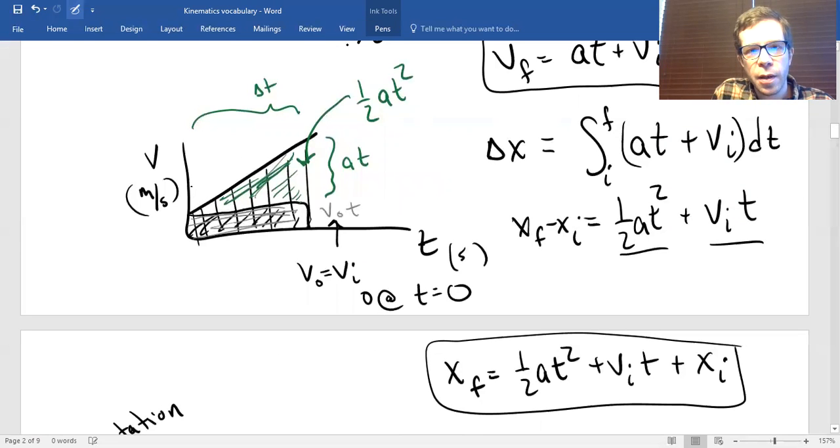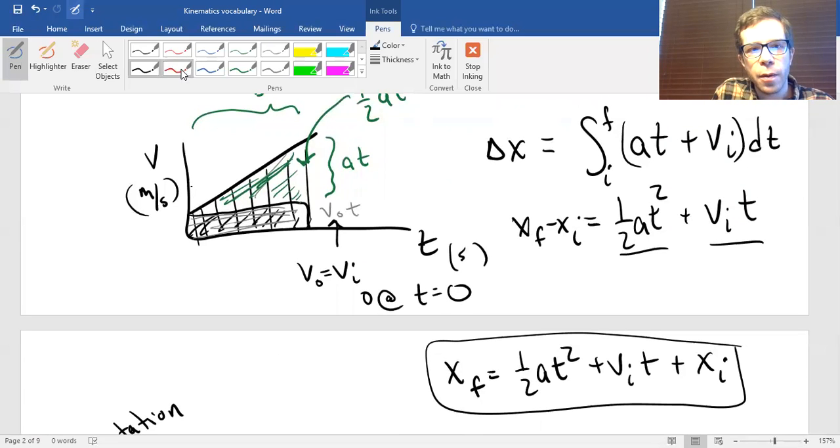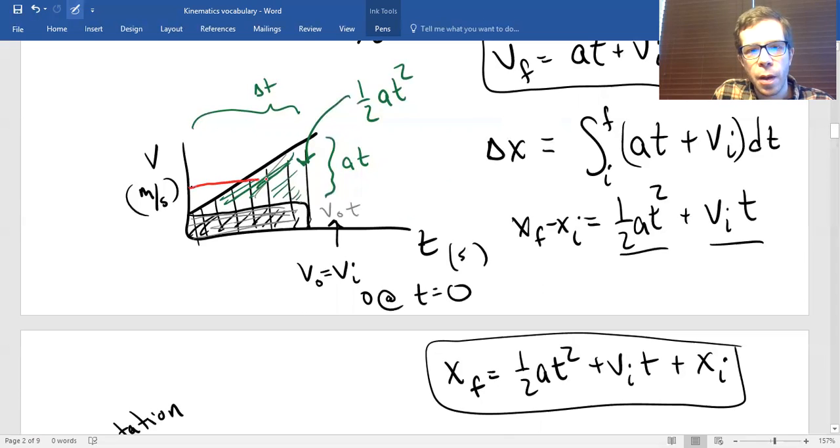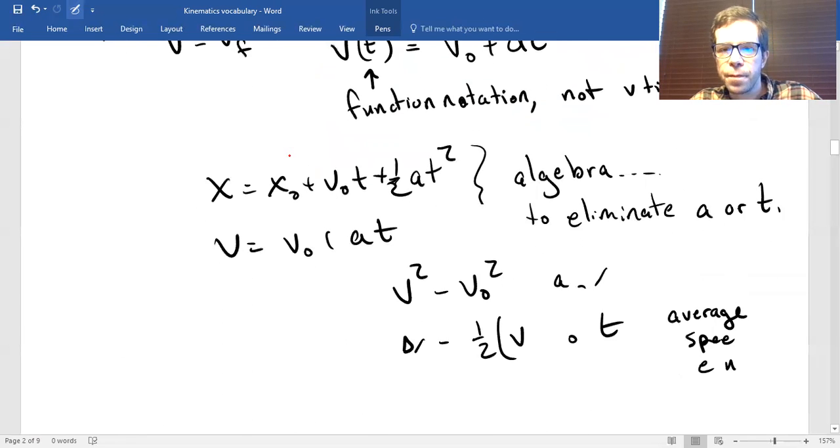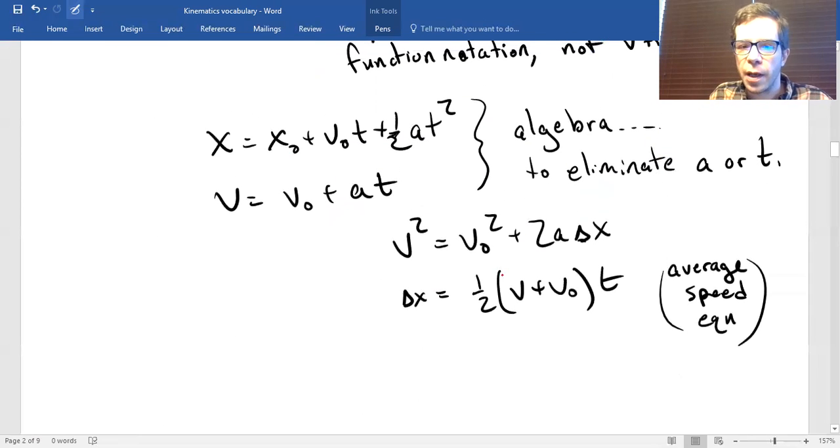The average speed, my pen's slow here. There, it's finally red. The average speed would be halfway between here and here. And that area is the same as this area. So the area under that average over that time t would give you the same as the area under our curve. So that's a visual way to look at that equation.